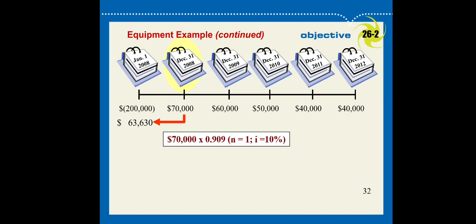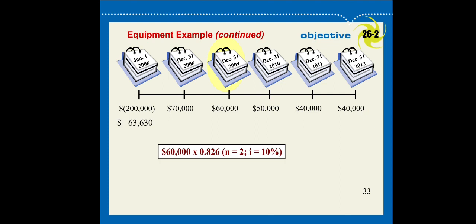So that is the thing that you have to convert. 70,000 you have to convert to the present value, and then for the second year, 60,000 also you have to convert to present value. So how to convert to the present value? 60,000 times 0.826. That 0.826 also coming from the present value table.